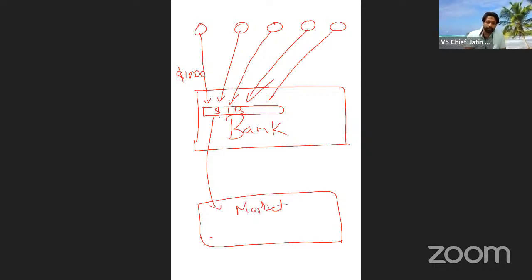These people on the top have surplus money, so they give it away to the bank. But there are people in the market who will take money from banks on interest. Somebody wants to start his own business. Somebody wants to study, education loan, maybe a house loan, any kind of loan. So the bank will give away this money in the market to the people who want money.